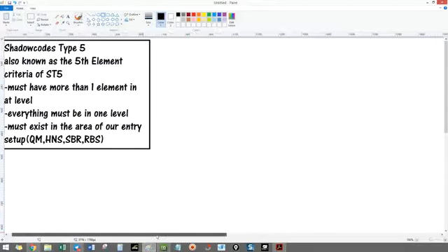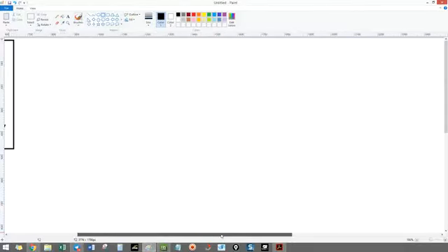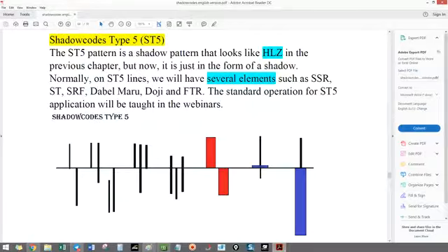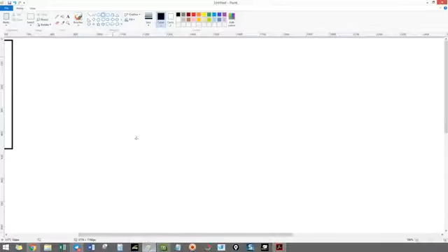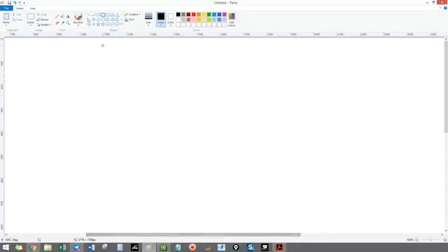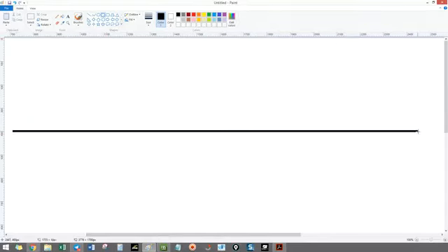Okay. So the first element, let's refer to the book, is the SSR. For example, we have one horizontal line like this.